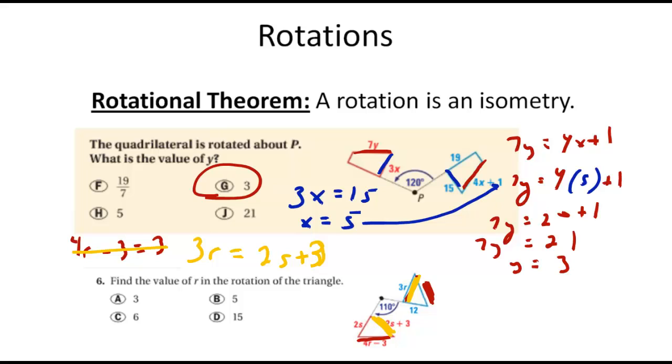And if I look right here, 2S equals 12. If 2S equals 12, then what does S have to equal? S has to equal 6. And then I take it back up here and plug it into that equation. So 3R equals 2 times 6 plus 3.